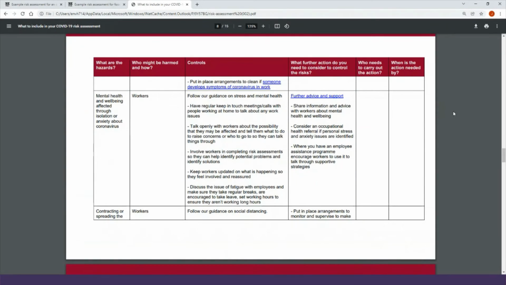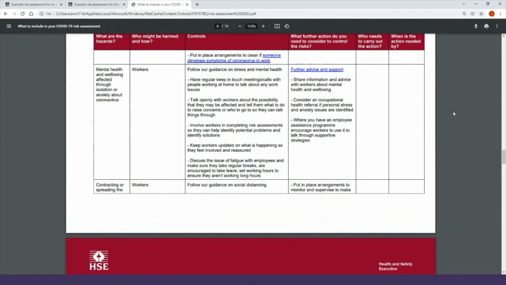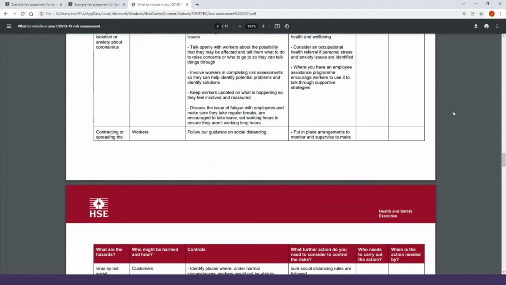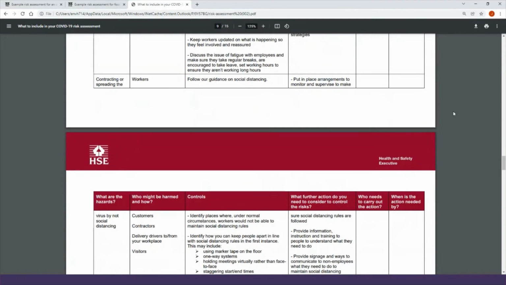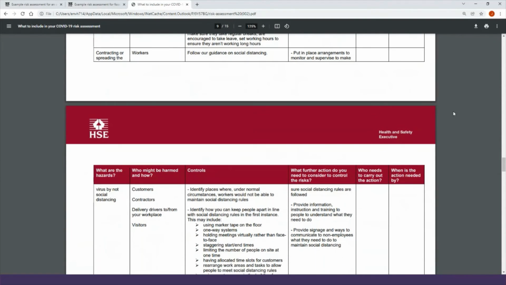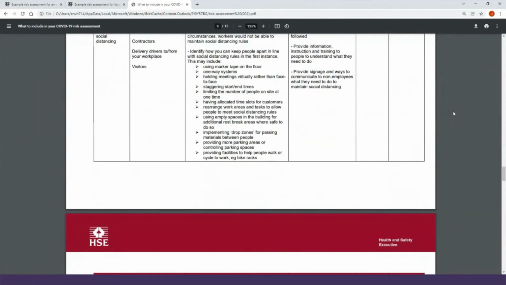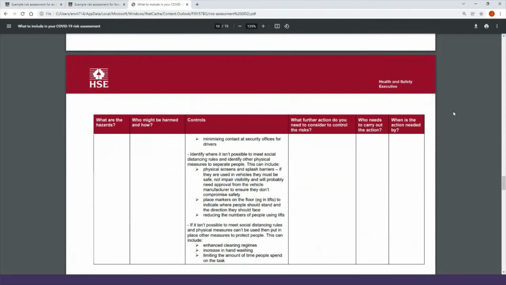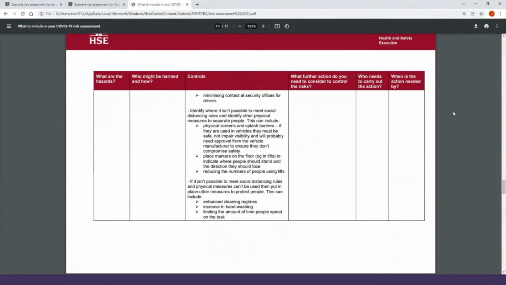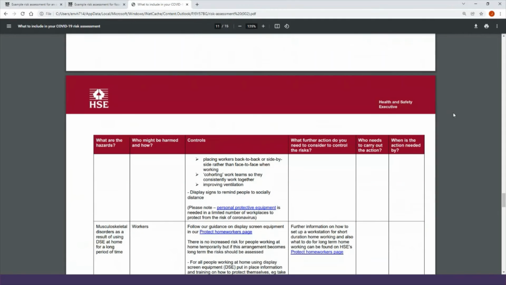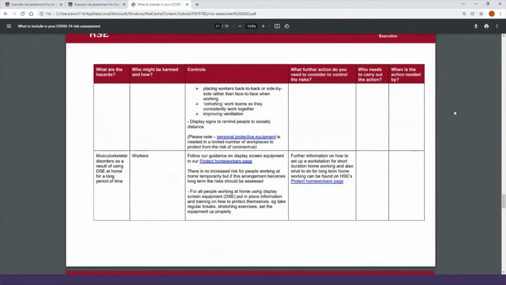Mental health is particularly important as well. We must not forget that hazard, making sure you have regular contact with your members of staff. Social distancing, as we know, is no longer within the guidance issued within the gov.uk website. It is, however, best practice to still do that in the workplace if you wish to at the moment.